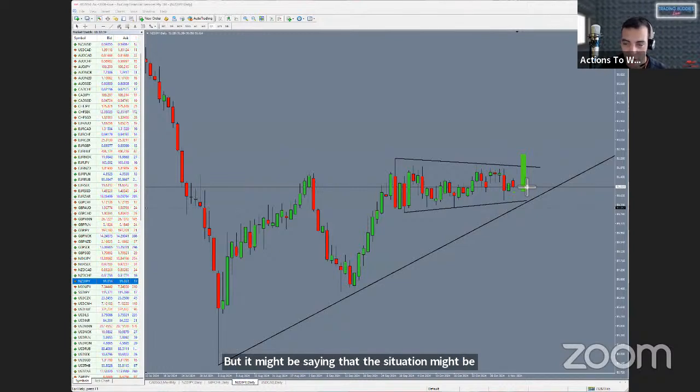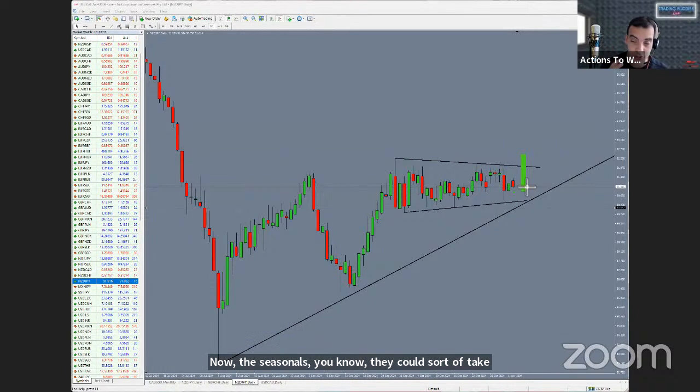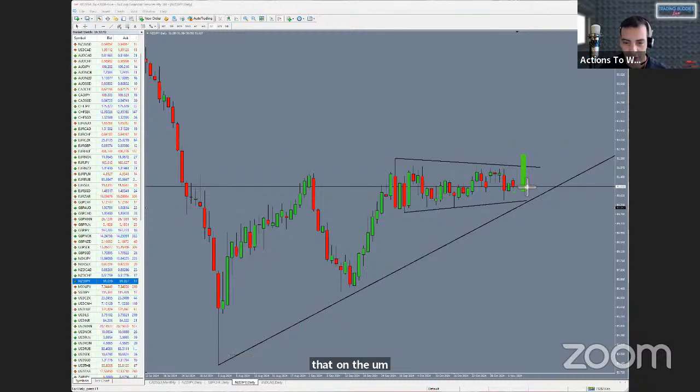The seasonals could take the skew out, so that should tell everybody to be cautious, because the COT data is saying that the participants on the COT report, on the Commodity Futures Trading Commission report, those traders are short Kiwi. That's what it's telling us.